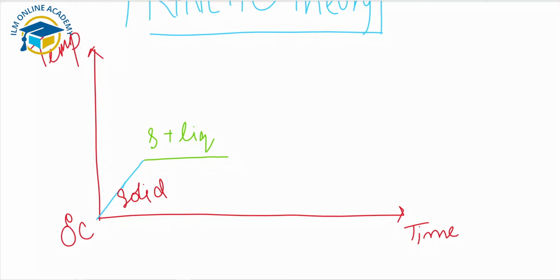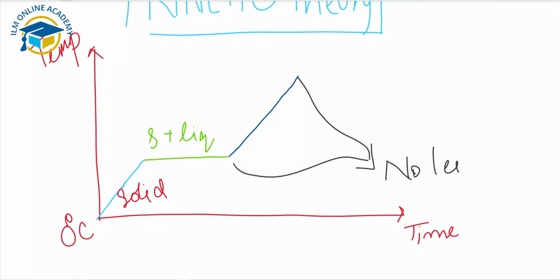Why? Because the substances are changing their state, from the liquid towards the gaseous, or from the solid towards the liquid state. So during a change in state, there is no temperature change.